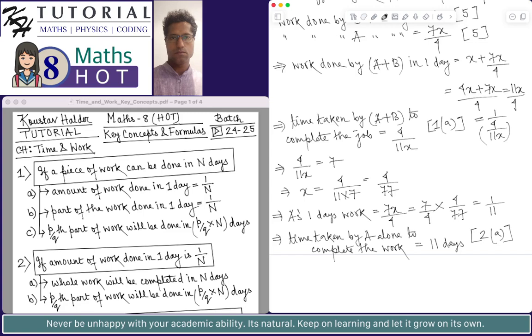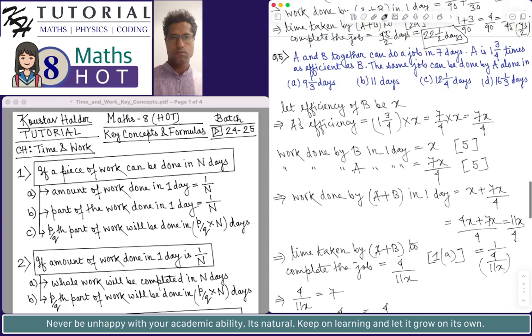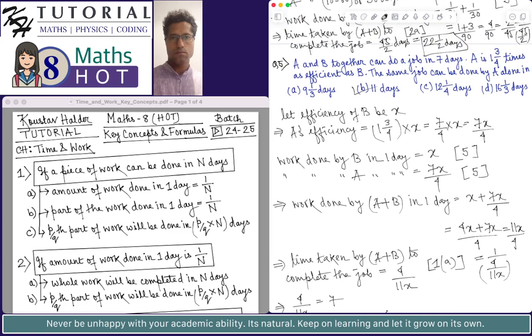That is, if the amount of work done in one day is 1 by n, then the whole work will be completed in n days. So the amount of work done by A in one day is 1 by 11, so the whole work will be completed by A in 11 days. So 11 days should be the answer, and the correct choice should be choice B.